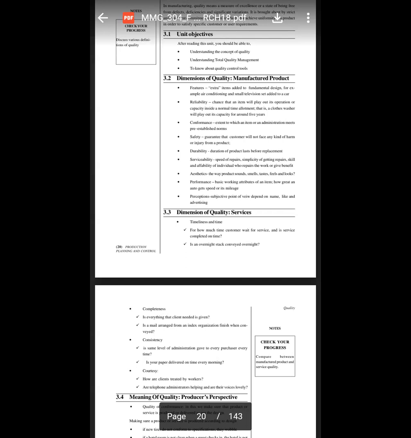Durability: the duration a product lasts before replacement. Definitely, if your product is qualitative, the duration can also be extended, right? The working condition and the product service will also be effective if the product quality is good.